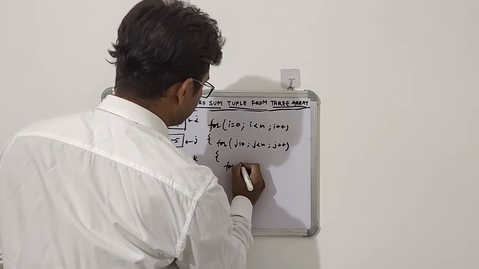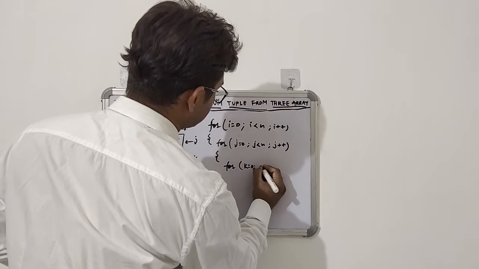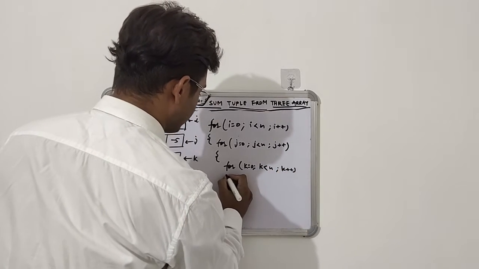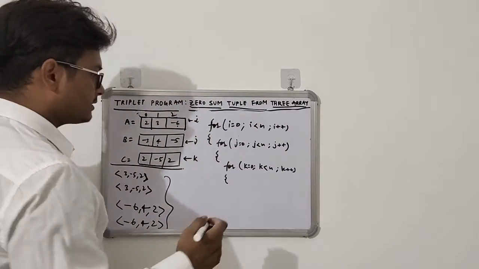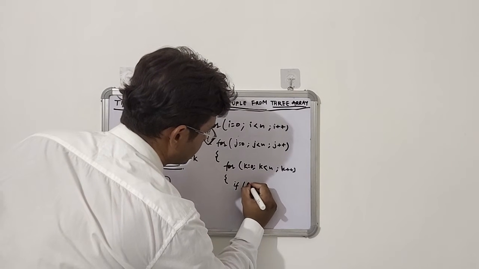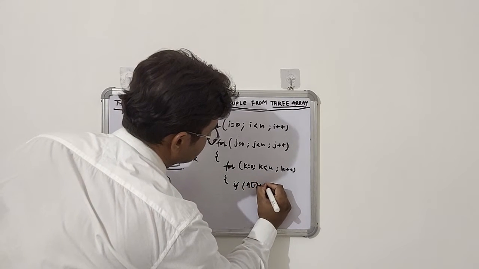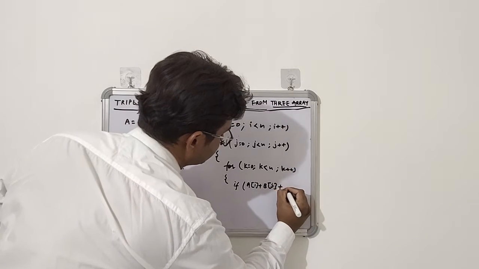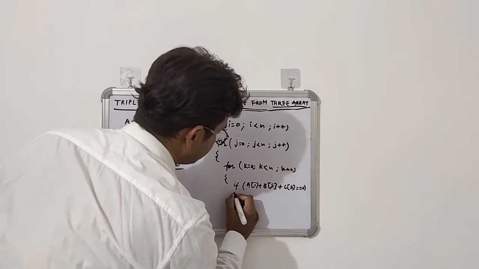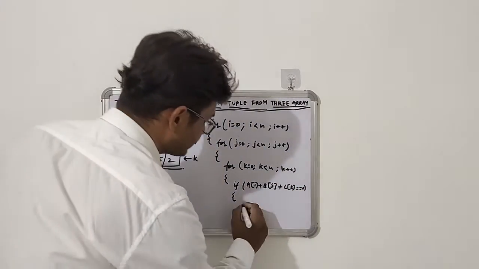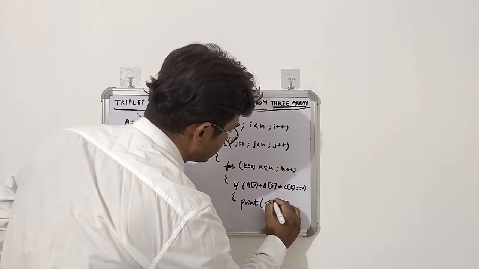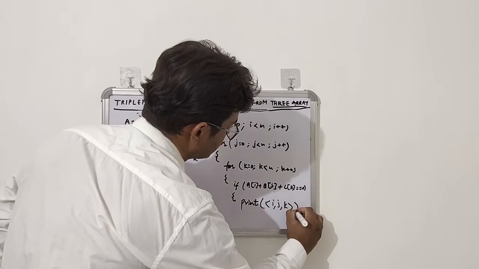And again we can write for k equal to 0, k less than n, k plus plus. Now here itself we can check: if a of i plus b of j plus c of k equal to 0, if equal to 0, we can simply print our triplet i, j, k.